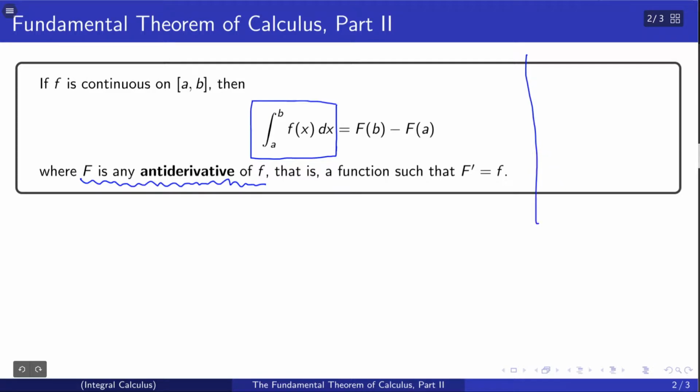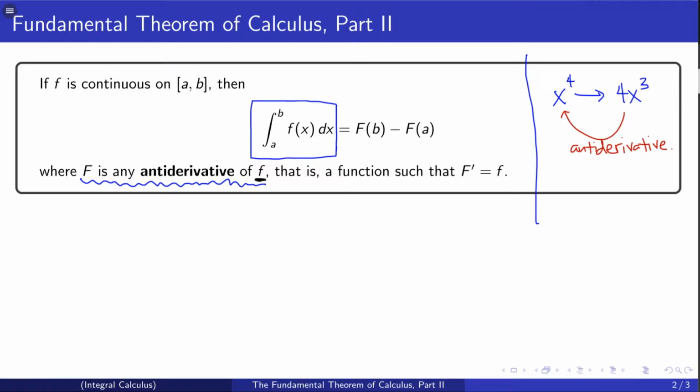So if you recall, x to the fourth power, its derivative is 4x cubed. We would then say that x to the fourth power is an antiderivative of 4x cubed. Right? It's whatever function you needed to start with to end up with small f as its derivative.